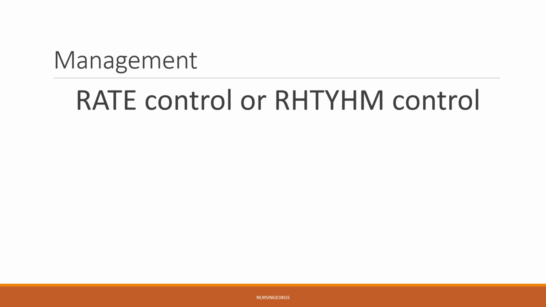Now, rhythm control, on the other hand, focuses on restoring and maintaining normal sinus rhythm in patients with atrial fibrillation. And the goal is to eliminate the irregular heart rhythm and the associated symptoms.